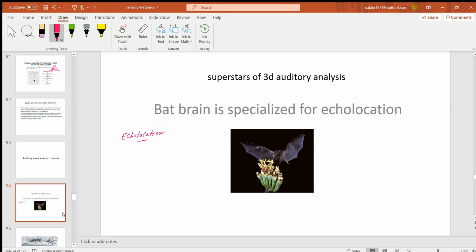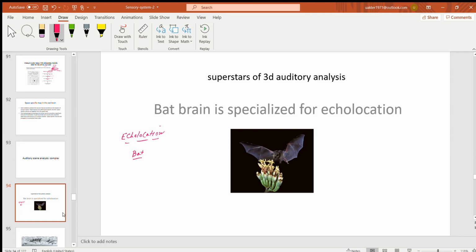The most powerful echolocators are the bats. Other creatures, for example dolphins, whales, elephants, or some other creatures, also use echolocation.